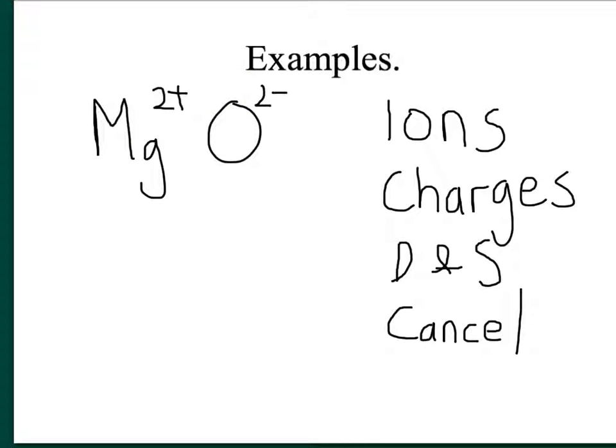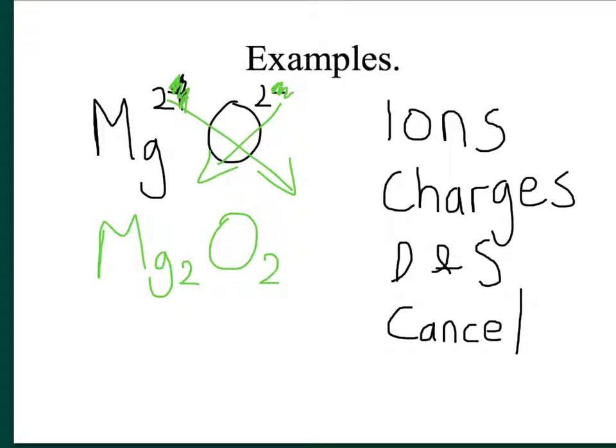Okay, so let's just do a quick one where we do have some cancelling, because we've not had any cancelling yet. Drop the charges. We've got magnesium and oxygen, both 2 plus and 2 minus. And then if we swap the numbers, what we end up with is Mg2O2.